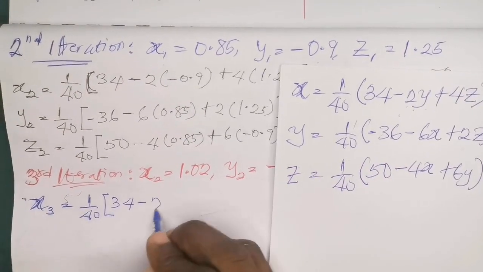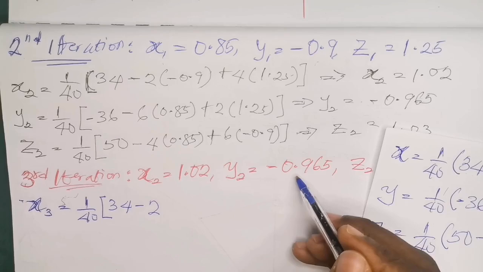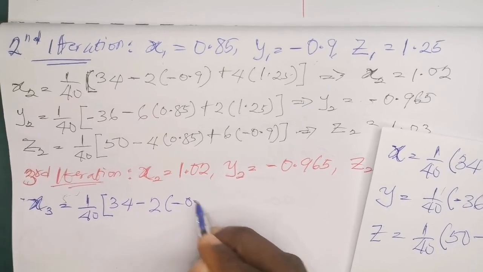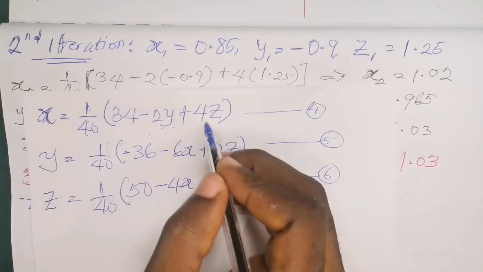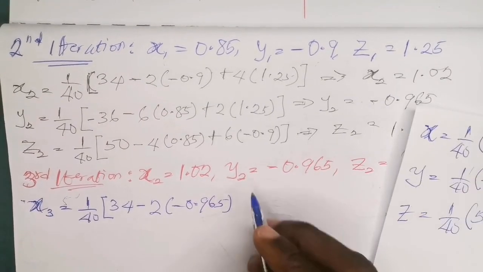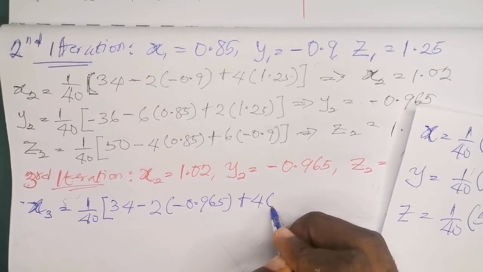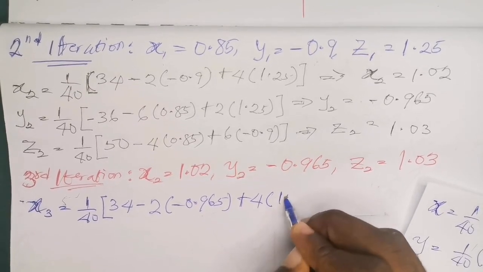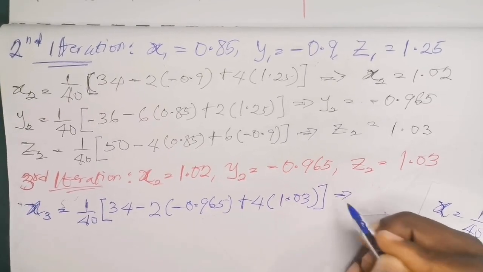So minus 2, y now becomes y2, and y2 here we had negative 0.965. So minus 2 times negative 0.965. Again, I have plus 4z. So that becomes plus 4z, z there becomes z2, and z2 gave us 1.03. So plus 4 times 1.03. Okay, so let's see what we are going to have.